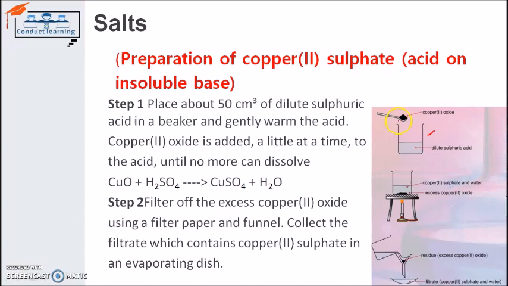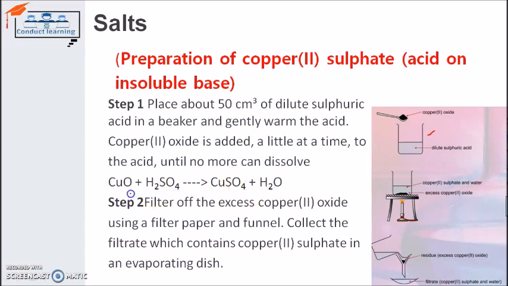Here the spoon is containing copper oxide, the copper which got oxidized in presence of air. We add this copper oxide into the diluted sulfuric acid solution, and the chemical reaction is copper oxide plus H2SO4 gives us copper sulfate and H2O.